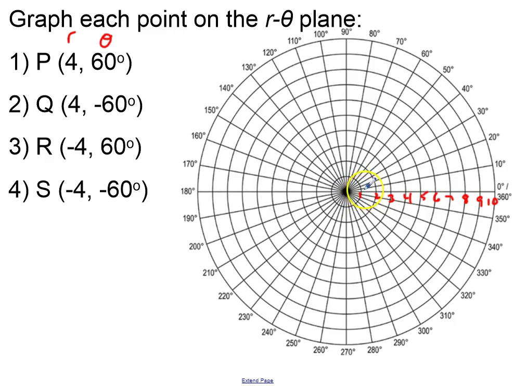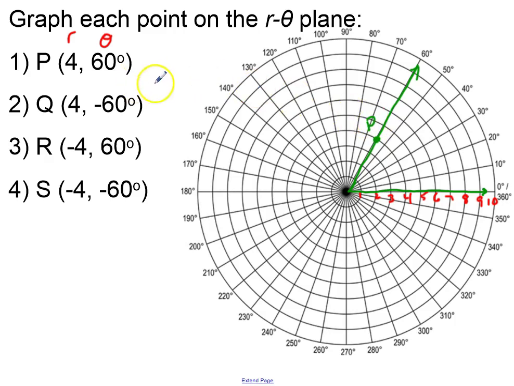Now, because we're new with this, first thing we're going to do is plot the angle. So let's create our polar side here. All right, this is our terminal side. And then on 60 degrees, create that angle. And then we're just going to want to go 4, a radius of 4, and plot right there our point P.